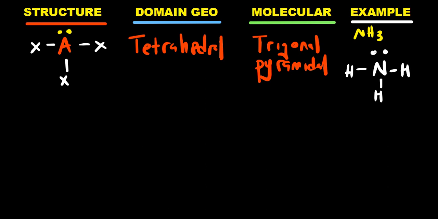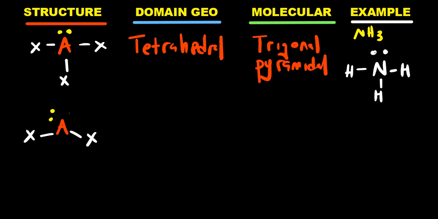Now let's talk about another one. Let's say, how can we manipulate this one? Let's say instead of just having one lone pair, let's say we have 2. Let's say this is X, this is X, and these ones are connected to our central atom, which is A. Now this A has 2 lone pairs instead of 1.